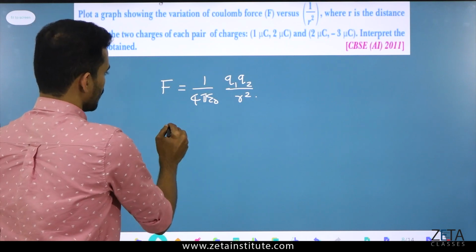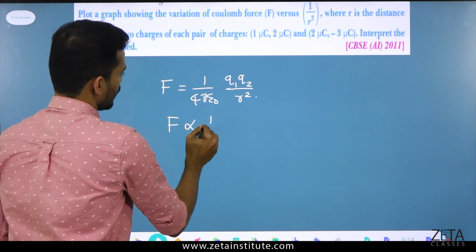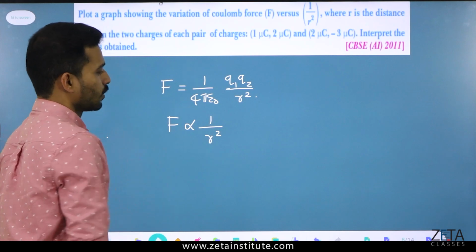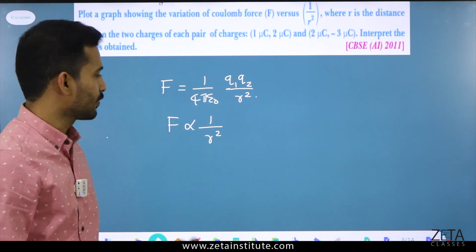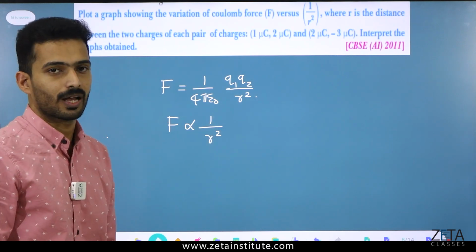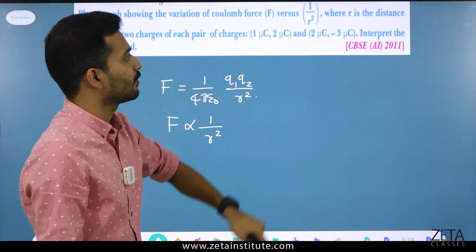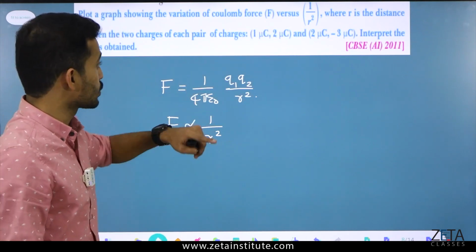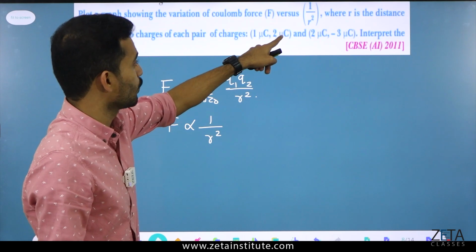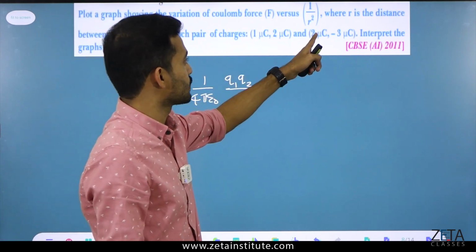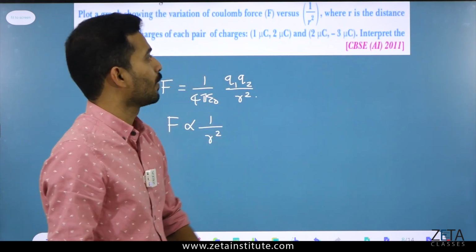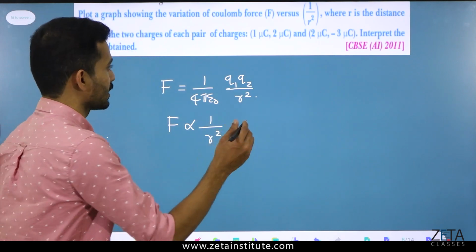So here force is inversely proportional to R square, or we can write F is proportional to 1 by R square. So there are two cases: one is 1 microcoulomb and 2 microcoulomb, and next the force is between 2 microcoulomb and minus 3 microcoulomb. So let us take the first case.